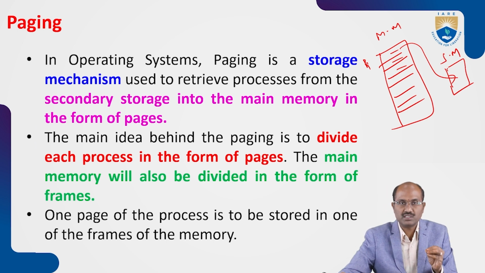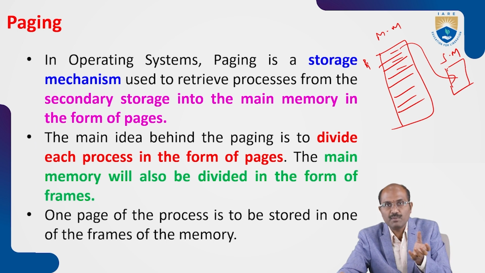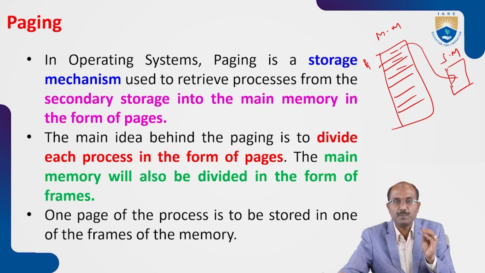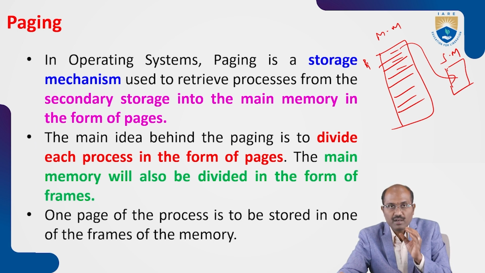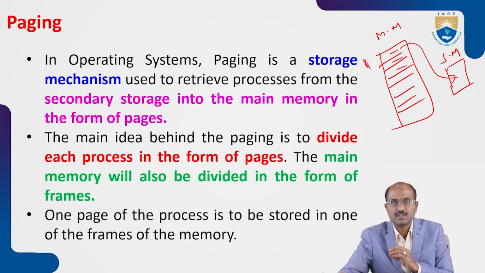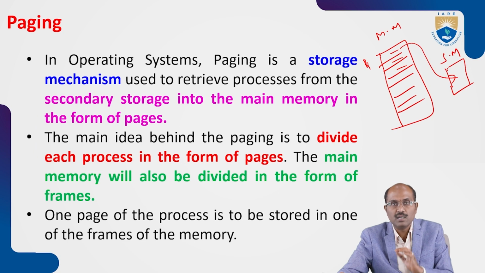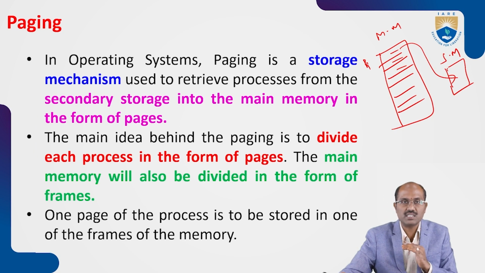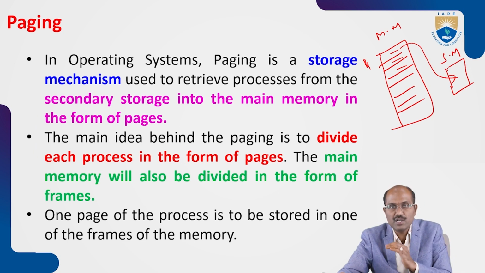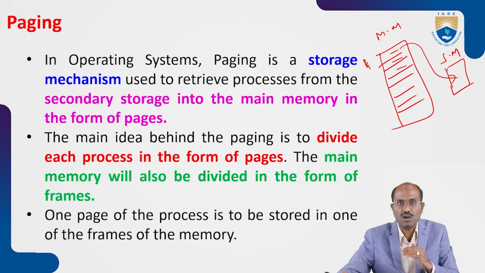One page of the process is stored in one frame of the memory. Every page corresponds to one frame of the memory. So pages and frames are two kinds of partitions of the same size. The process is divided into pages and the main memory is divided into frames.